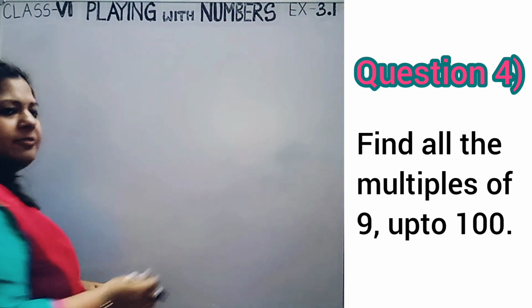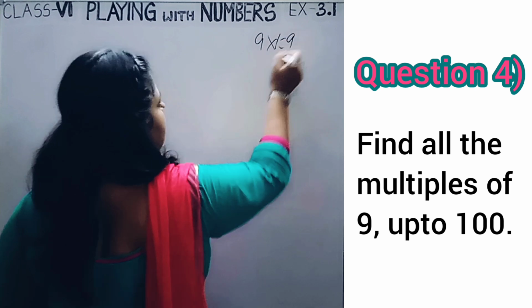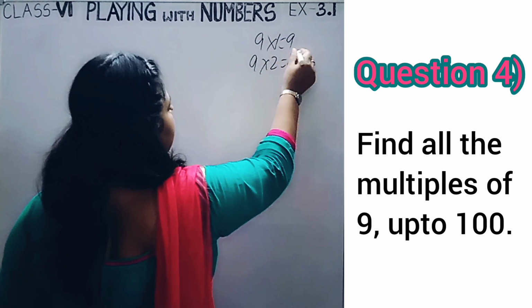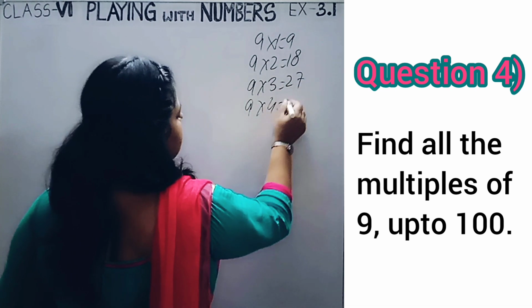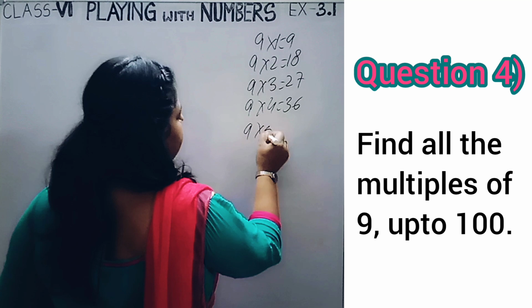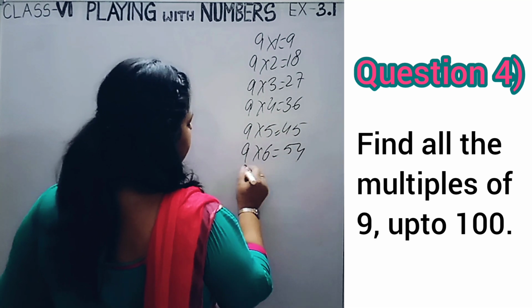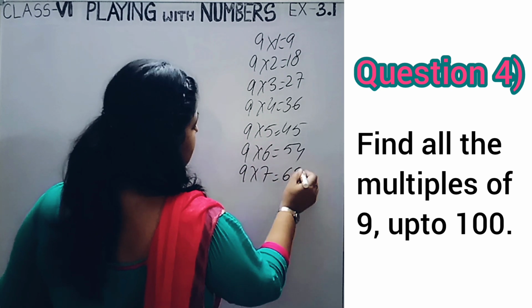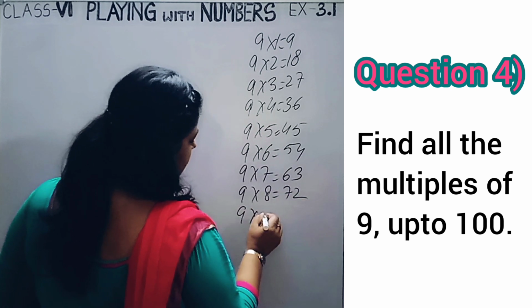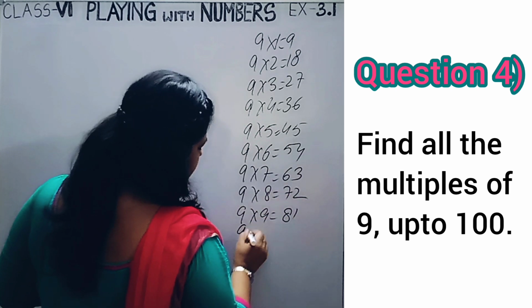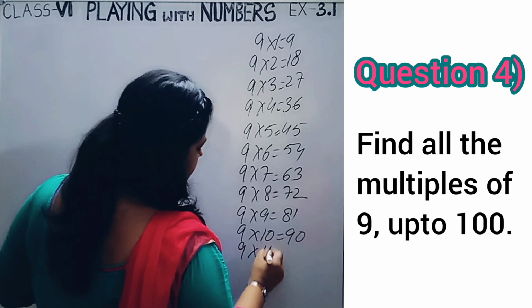So here we are starting with table of 9. So 9 ones are 9, 18, 9 threes are 27, 9 fours are 36, 9 fives are 45 and so on. 9 sixes are 54, 7 nines are 63, 8 nines are 72, next one 81, next 90, next one is 9 elevens are 99.